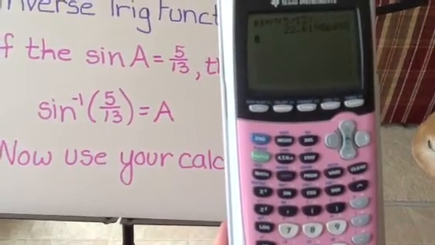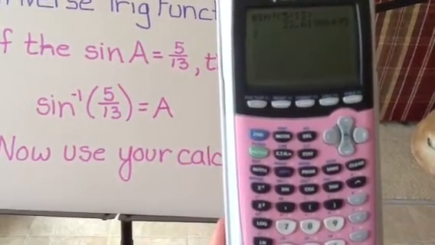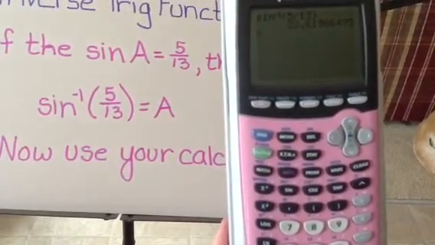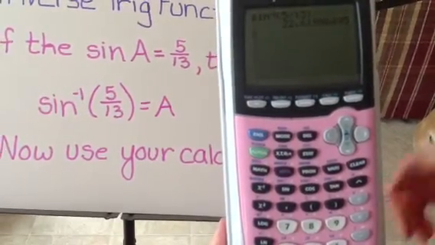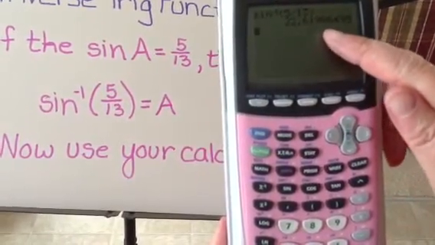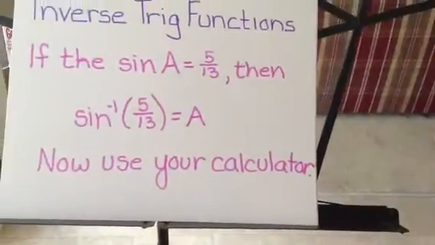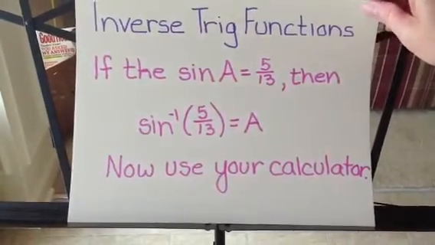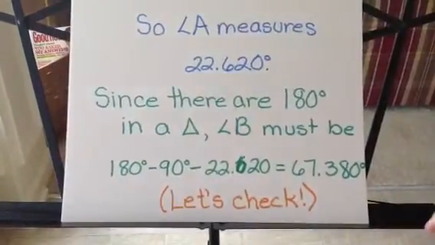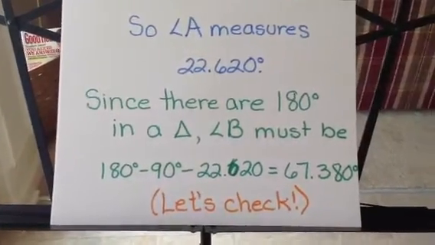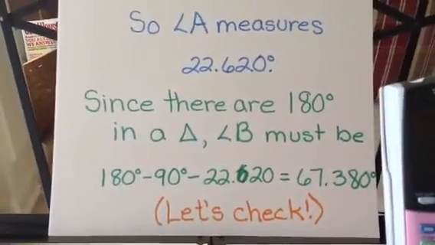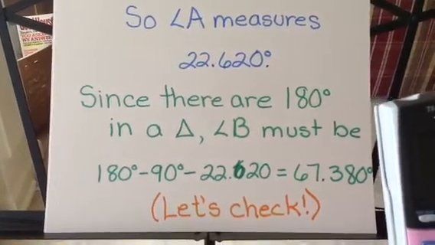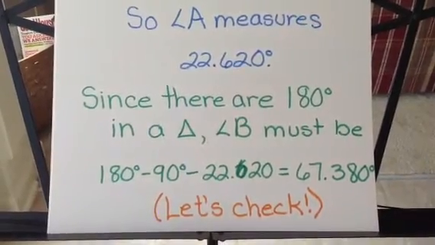If our calculator is in degree mode, that tells us that angle A measures 22.6198 and so on. So we'll round that to 22.620 degrees. So we need our calculators to help us find the actual angle measure once we know those values. We found on our calculator that the sine of 22.62 degrees equals 5/13.